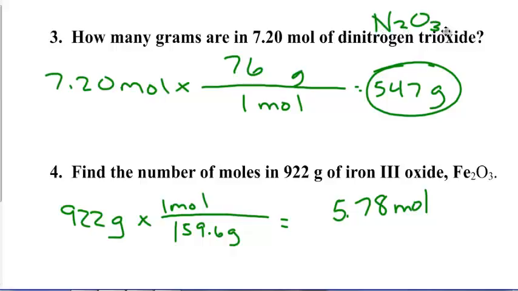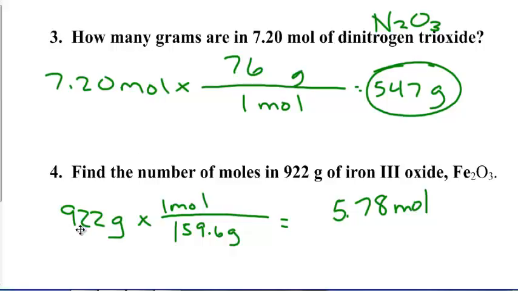Oxygen is 16 times 3 is 48. And when I add those together, I get 76. So that's where this 76 came from. Now I'm going to do 7.20 times 76 with 3 significant figures. It's 547 grams. Again, number 4, I would encourage you to try on your own before checking your answer.